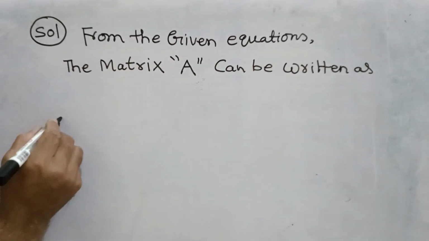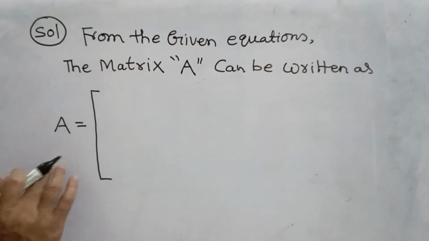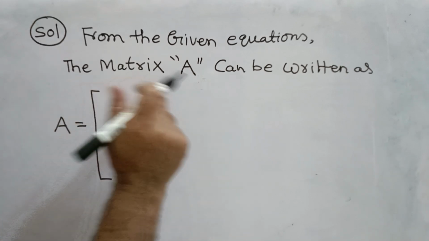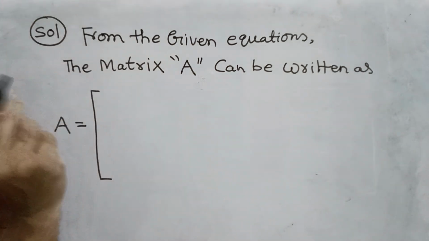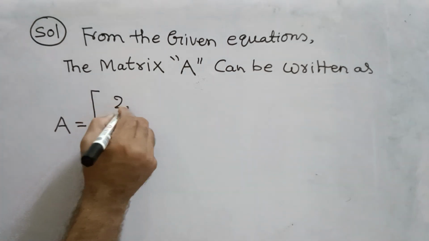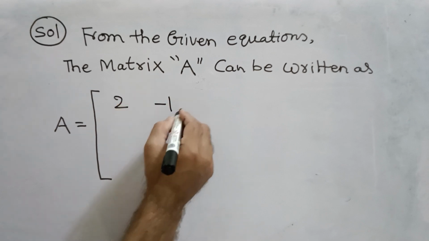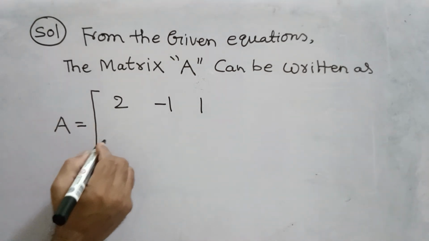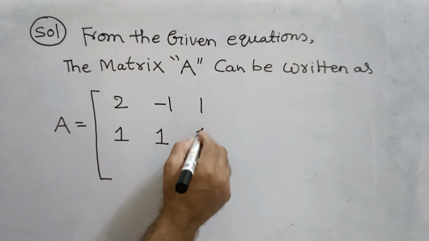As I told you in the last presentation, A is the matrix formed by taking the coefficients of x, y, z in these three given equations. Let us consider the first equation. The coefficient of x is 2, the coefficient of y is minus 1, and the coefficient of z is plus 1. From the second equation, the coefficients of x, y and z are all 1.